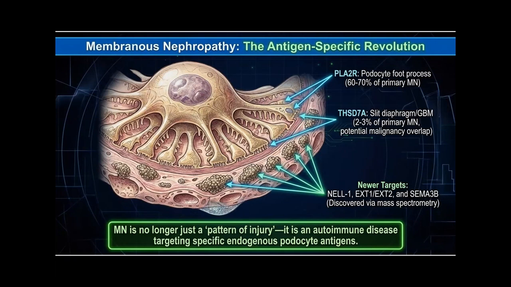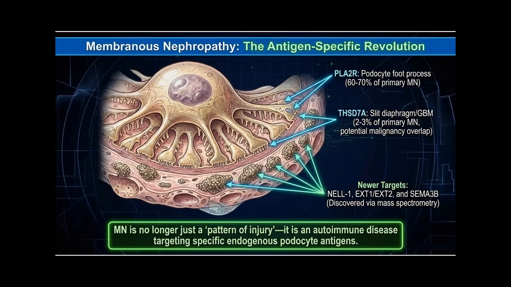Now you see this is the electron microscopic simulation of a photograph of a podocyte. So you can see the foot processes of the podocyte. There are phospholipase A2 receptor, that is PLA2R or podocyte foot process antigen, THSD7A, another slit diaphragm antigen, and new targets are there, NELL1 and EXT1, TXT2 and SEMA3B.